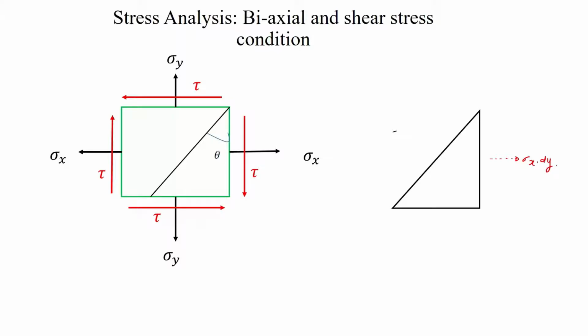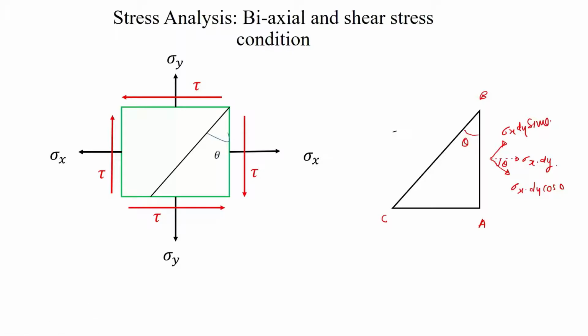In this direction, if this angle is theta, the component of this force is sigma x dy cos theta, and the component in this other direction is sigma x dy sin theta.